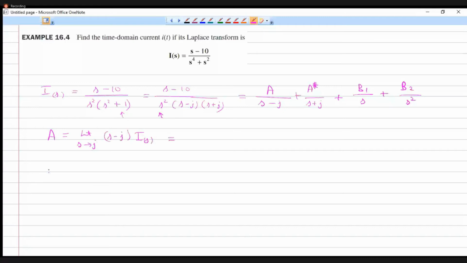Similarly, once you have A, then A conjugate is the complex conjugate of A. Then, should we evaluate b1 first or b2 first? Yes, we have to evaluate b2 first.